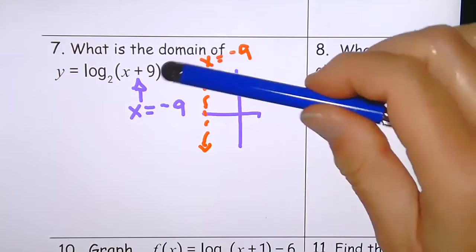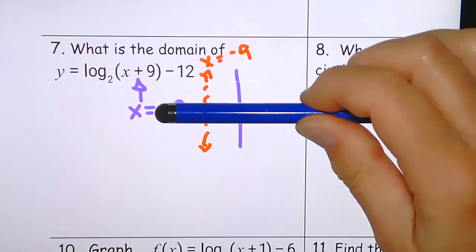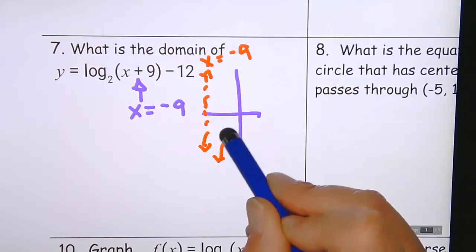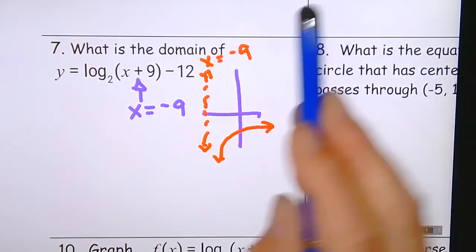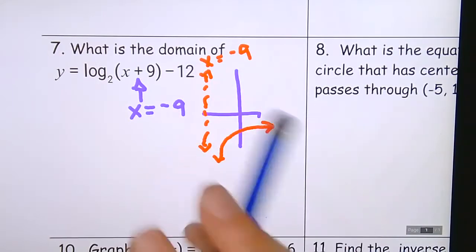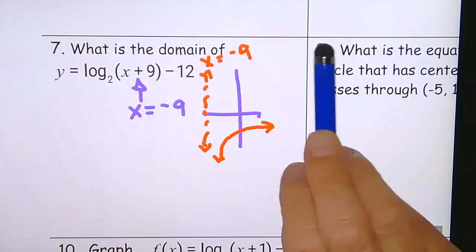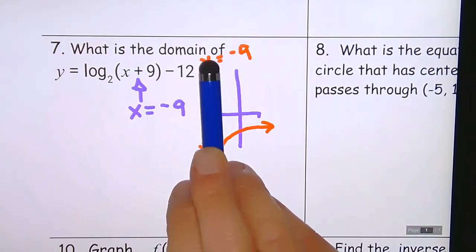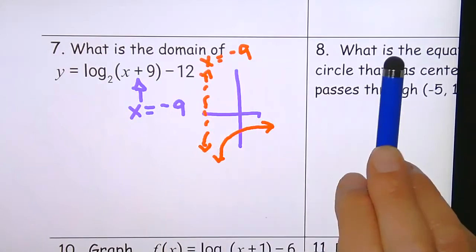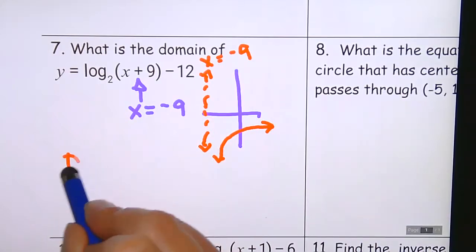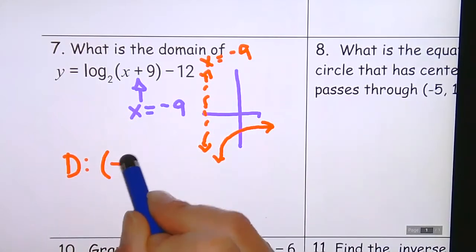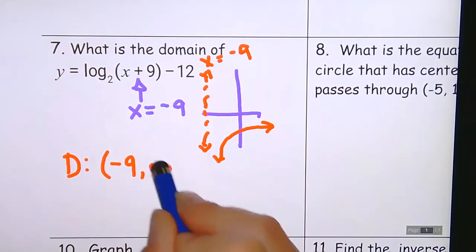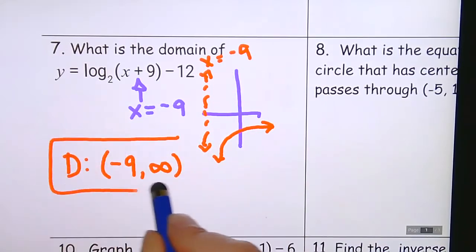This -12 means my graph gets moved down 12. And we're going to get something kind of like here. I don't really care about this part of it. All I care about is from here on, this is where I have graph. I have graph not at -9, but I have graph from -9 on. So my domain is going to be open bracket -9, because -9 is my asymptote, to infinity open bracket. And that's my domain.